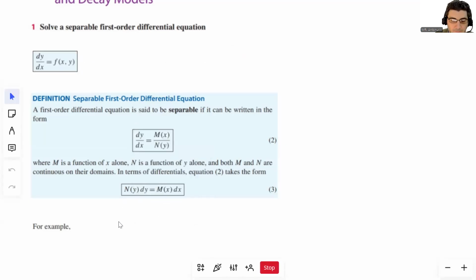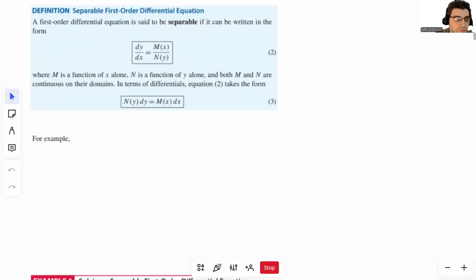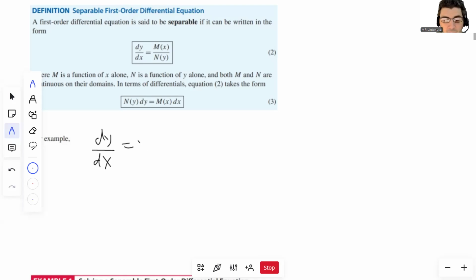So for example here, let's say dy/dx equals x secant y.